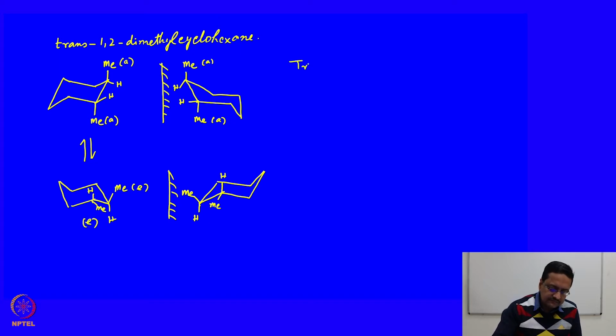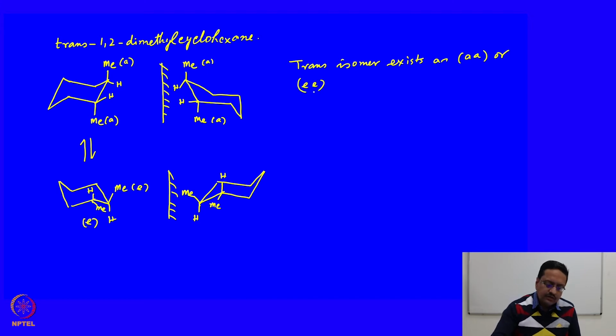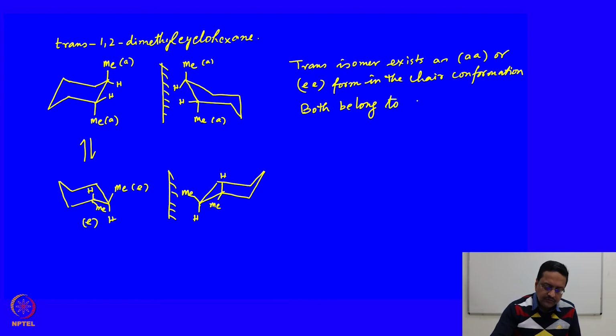So, the trans isomer exists as either AA or EE form in the chair conformation, and both belong to the C2 point group, as there is a C2 axis in the molecule.